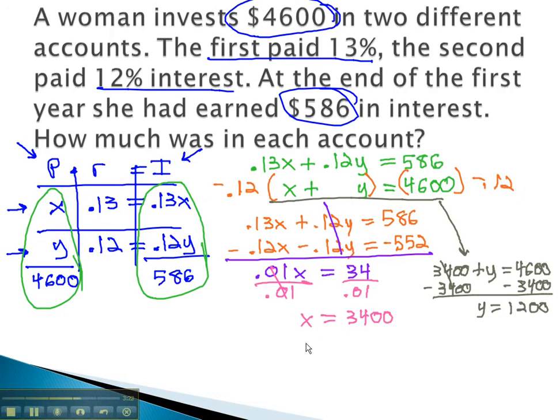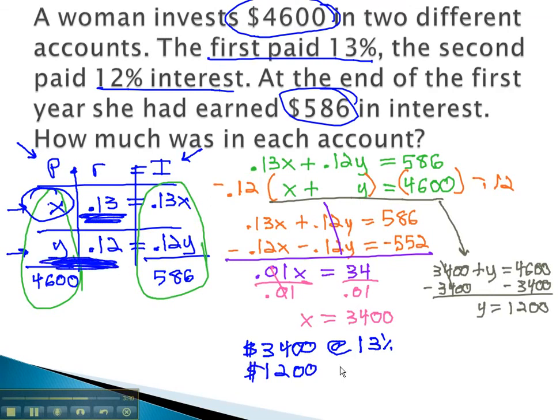This means 3,400 was invested in the first account, X, which was at 13%, and the other amount, 1,200, is our y, which was at 12%.